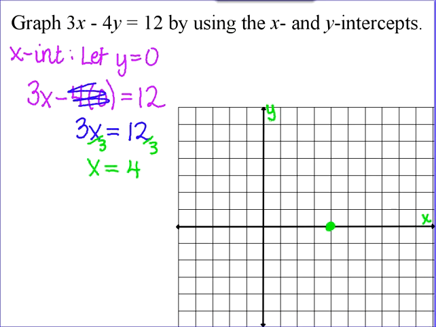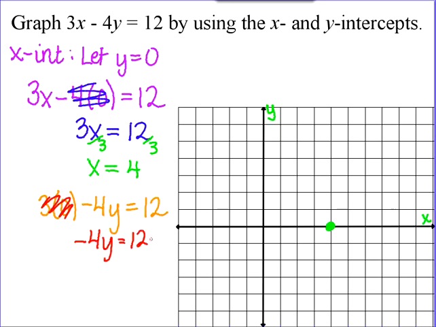So now we need to find the y-intercept. To find the y-intercept, we let x equal 0. So I end up having 3 times 0 minus 4y equals 12. What's 3 times 0? 0. So that's basically gone, and I end up getting negative 4y equals 12.